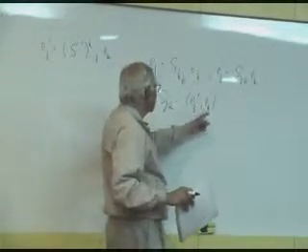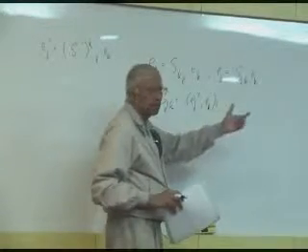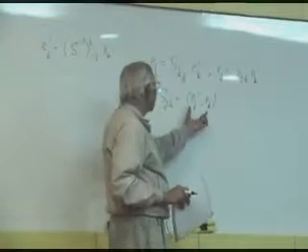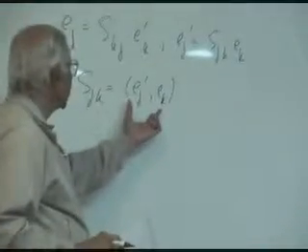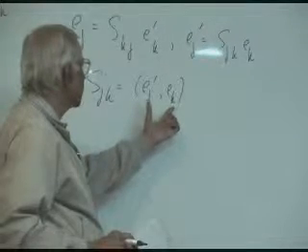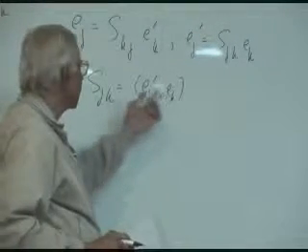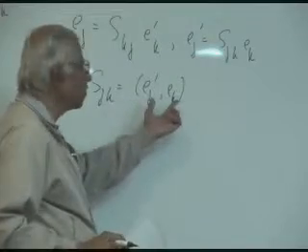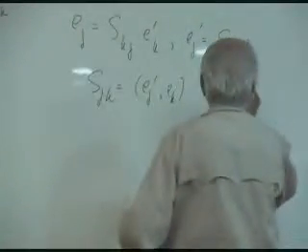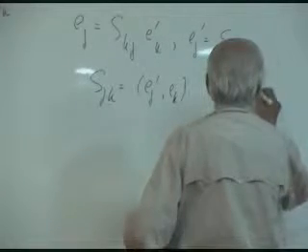Remember that the E's are unit vectors and mutually orthogonal. The E primes are other unit vectors, mutually orthogonal. What are these things then? These are the cosines of the angles between old basis vectors and new basis vectors. So this is a matrix made up of direction cosines, and this matrix has to obey these conditions.